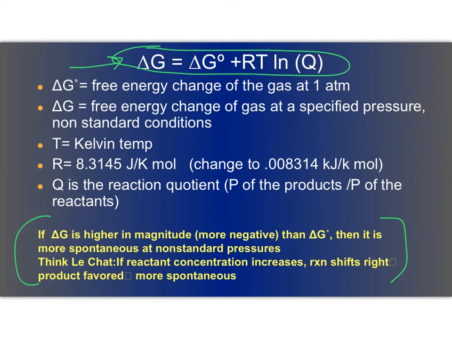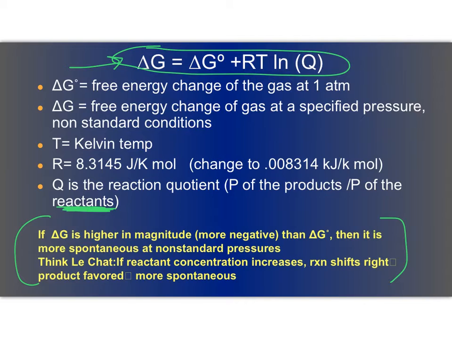Most of the time, we can do these problems without actually doing any work. If we are given enough information, we can use Le Chatelier's principle, and we can look at the reactant concentration versus the product concentration. And so if the reactant concentration increases, which is on the bottom of the reaction quotient, that will cause Q to get smaller.